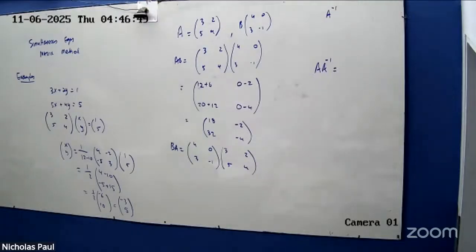No, you didn't get it. A by A inverse. So that's A inverse, right? Multiply by A. Come on, last part.